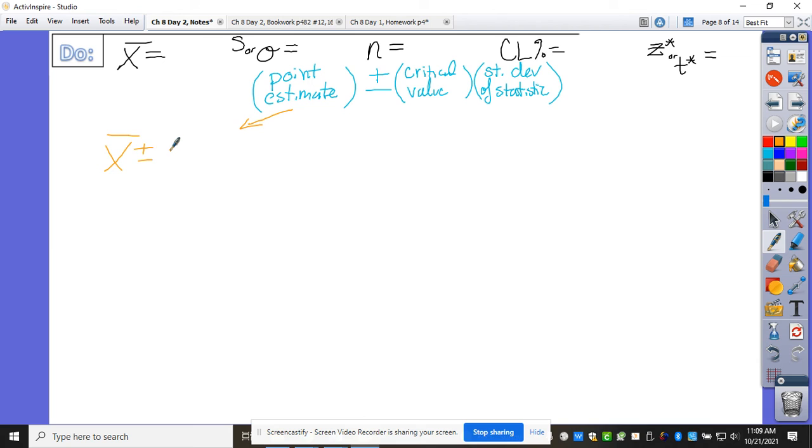What letter? C star. We don't even know what T star is yet. And yesterday, what did I use to calculate the standard deviation of the statistic? So that's when I know what sigma is.